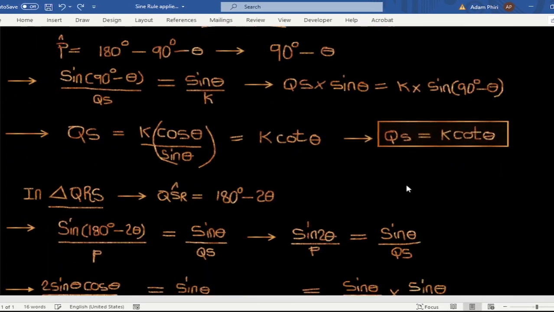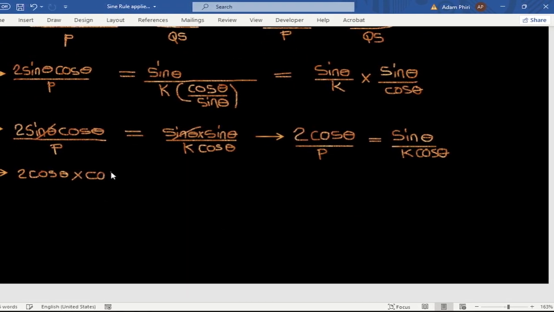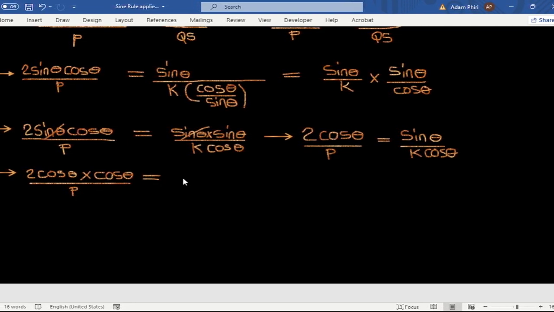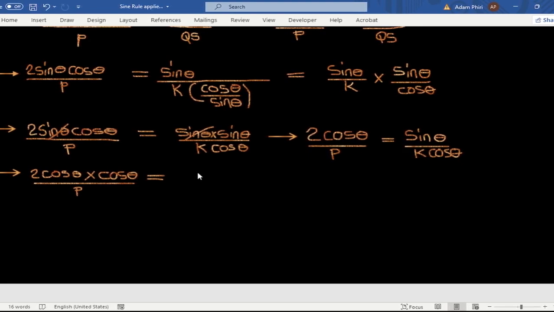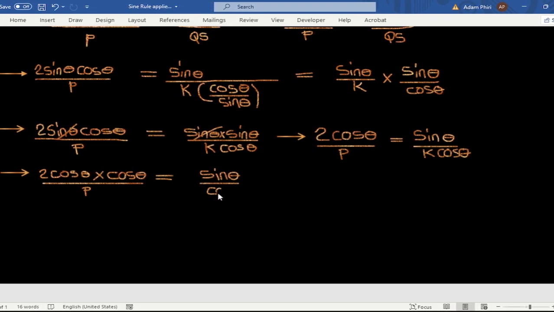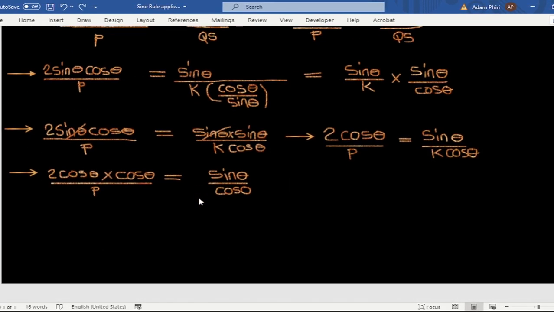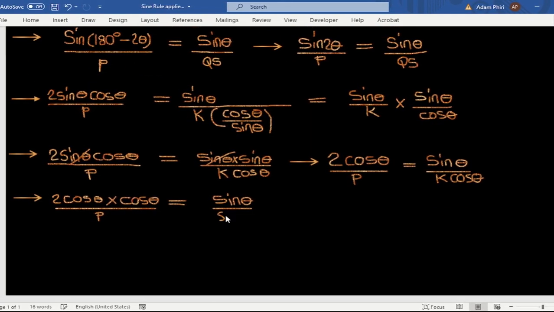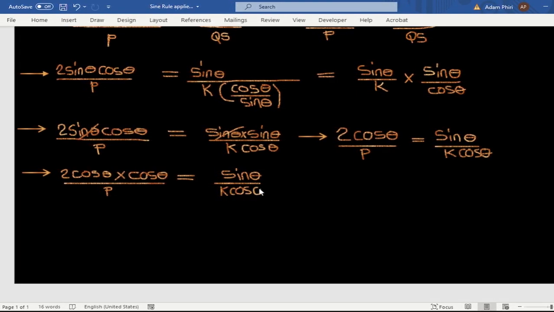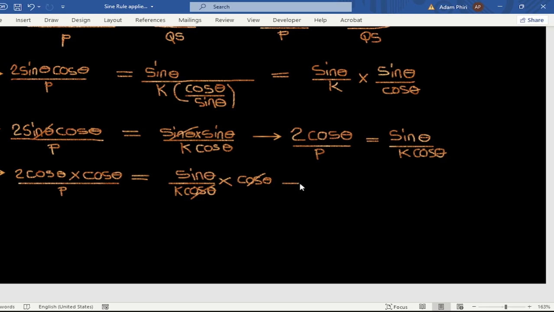So we have 2 cos theta multiplied by cos theta all over p, and that gives us sine theta over k cos theta multiplied by cos theta, which cancels.